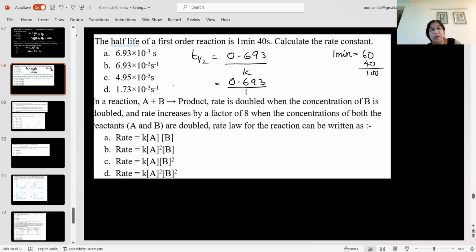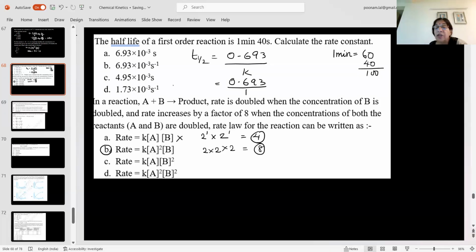If both A and B are doubled, with 2 raised to 1 and 2 raised to 1, it will increase only 4 times, so this is not the correct answer. Here it is 2 raised to 2, 2 into 2 into 2, that is equal to 8 times. And with respect to B, it's already first order.